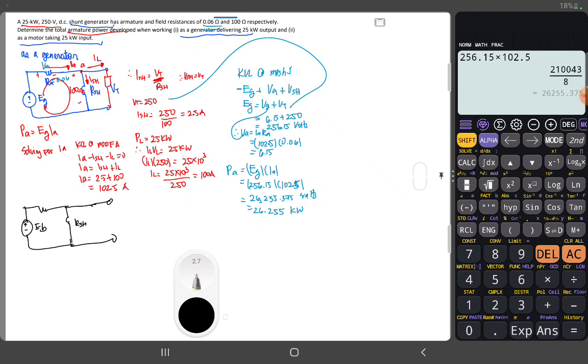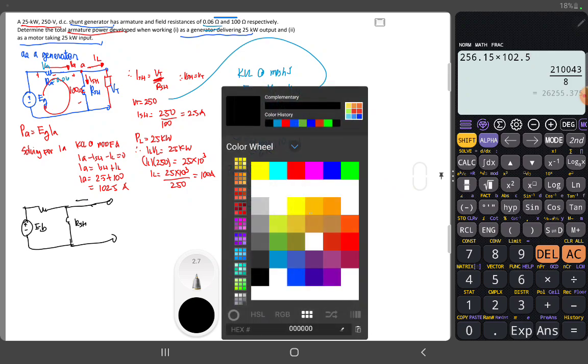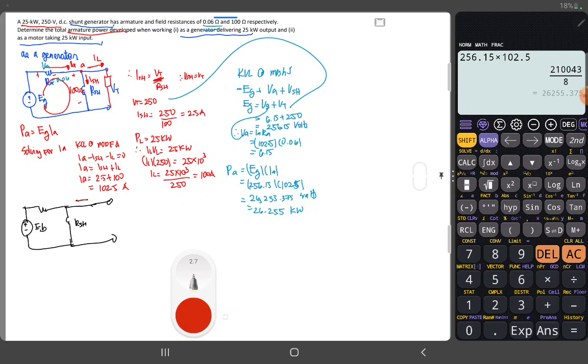So from here we have a current that enters the motor. The current IL is the full load current, and your 25 kilowatt will be your input power.